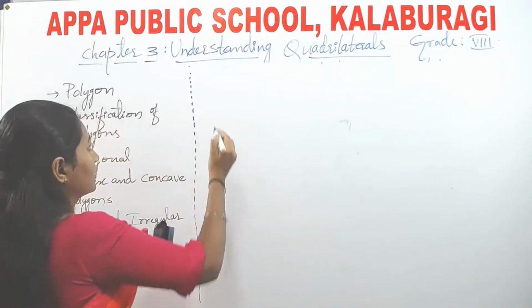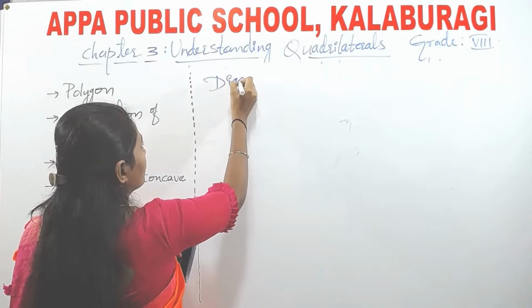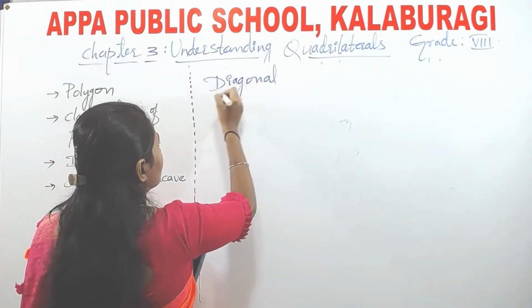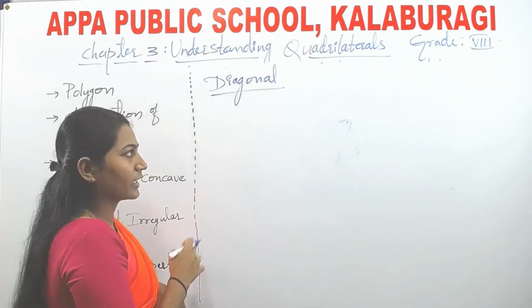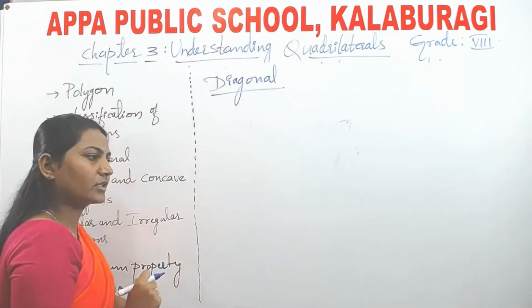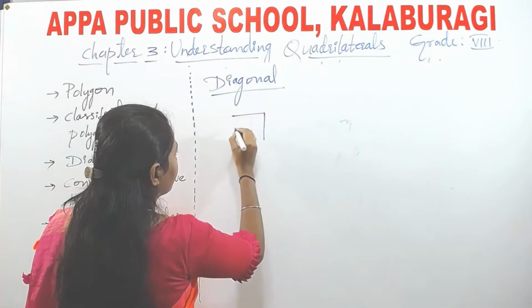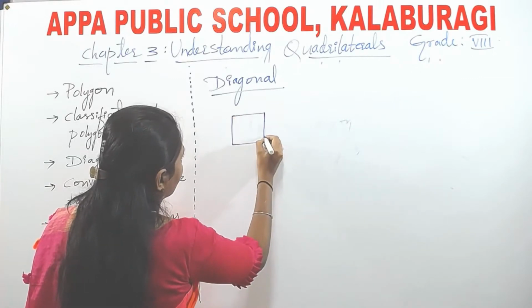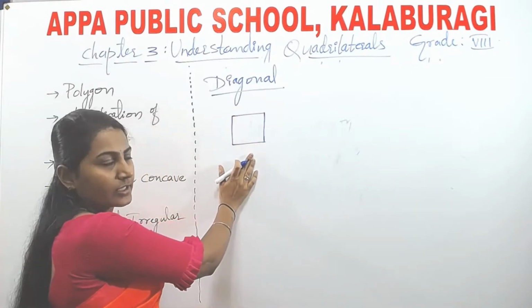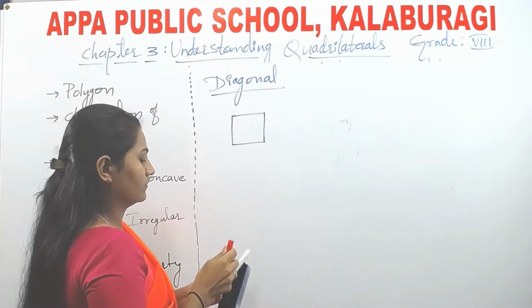So, as you all know, diagonal is a familiar word for you. You also know how to draw a diagonal to a particular given polygon. So, let me take a quadrilateral. This is a quadrilateral. So, how do I draw the diagonal?